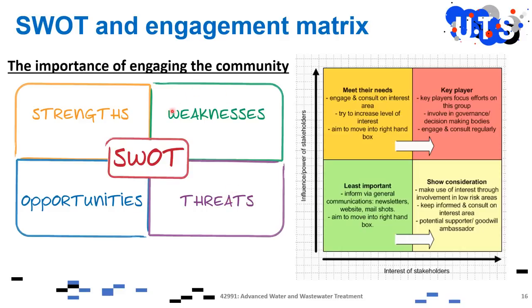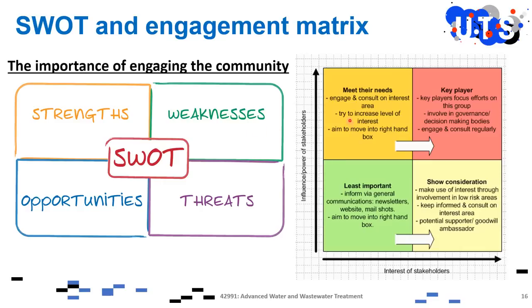For example, what are the weaknesses of that wastewater treatment project, and what sort of opportunities can be taken so that it can increase the chances of being accepted or being successful. With these different areas of identification, we can also know some aspects on how to engage the community, which one to focus on and how to address it.